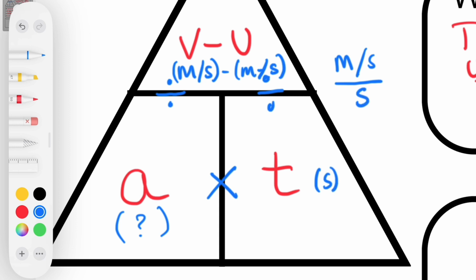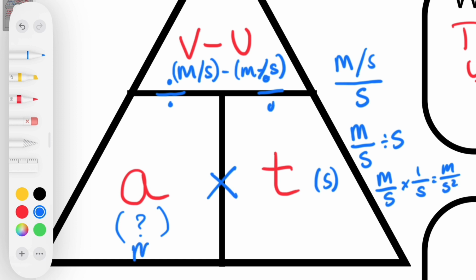So we've got meters per second divided by seconds. So if you're good with your math skills, you'll know that that ends up being basically meters per second times 1 over second. So you end up with meters over second squared, which is why our acceleration ends up with meters per second squared. Okay.